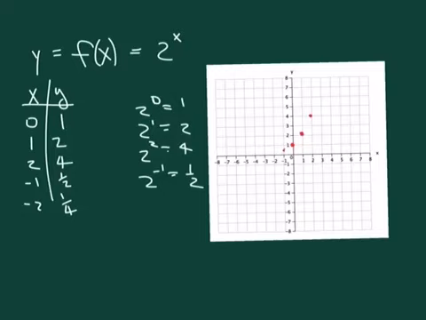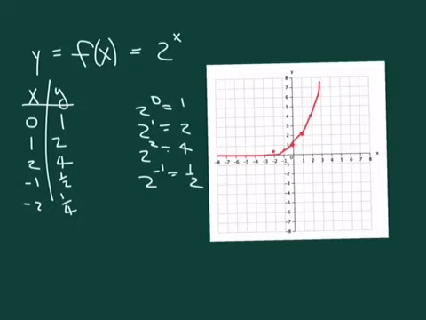And negative 2, 1/4. So we end up with a graph that looks like that. This will never cross the x-axis. It comes close, but it doesn't touch or cross it, even though my drawing doesn't show that necessarily. And that's what an exponential function looks like.